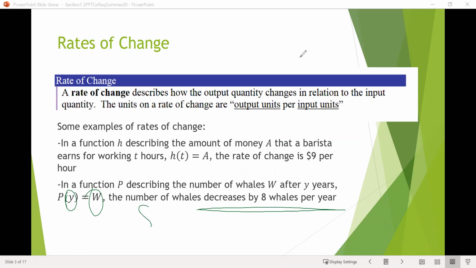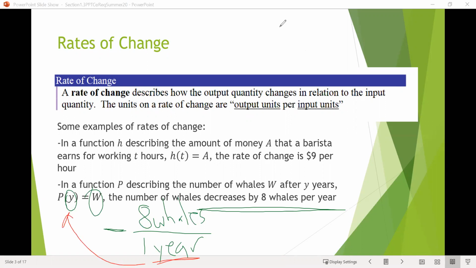So in this case, our rate of change looks like 8 whales over 1 year. But in this case, it's decreasing, which tells us it should be negative, right? So negative 8 whales per year. And again, notice the bottom units, the years, those are the input units, so the values for y, and the units on the top, the whales, those are the output units.